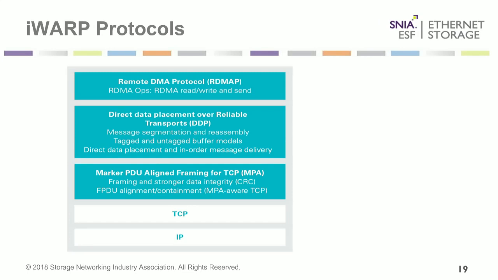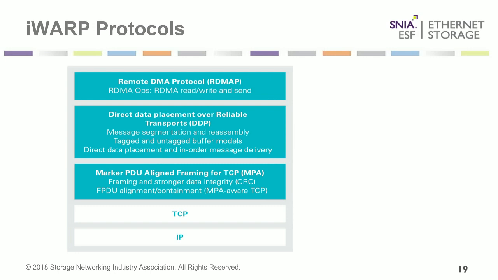If you want to dig a little deeper into the layers of the iWARP protocols, you can see iWARP is built upon the TCP/IP stack. It works on top of TCP. If we zoom in a little more, you can see we have three layers of protocol here. The first one is the Remote DMA Protocol, RDMAP. We have DDP, Direct Data Placement over Reliable Transport. We have MPA, which is Marker PDU Aligned Framing for TCP. Those layers are doing different jobs for iWARP.